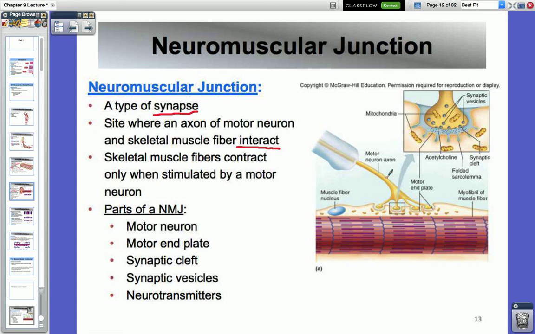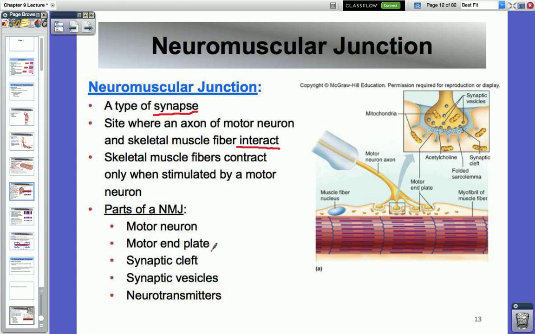And then we have the motor end plate. The motor end plate is just a folded end of the muscle cell, or the folded cell membrane of the muscle cell. So this is the cell membrane here that's kind of folded up on itself and called a motor end plate. And this again is of the muscle cell. So this is where the two things interact.